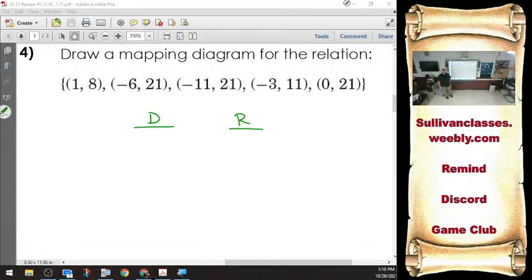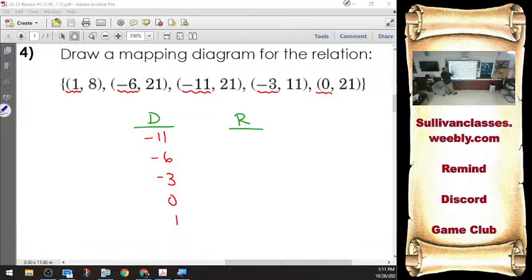I cross my wires, okay? So start with all of your x's. X's are always first. You can write them exactly as it says here. Personally, I prefer putting them in numerical order. The lowest it ever goes is negative 11. Then negative 6, negative 3, 0, and 1.